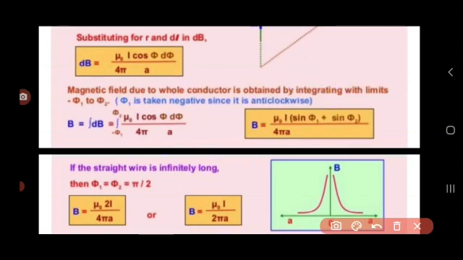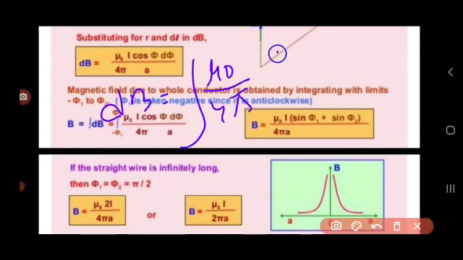In place of sin theta, you can write cos phi, divided by r square. Again, r should be replaced. We already get r is equal to a sec phi.